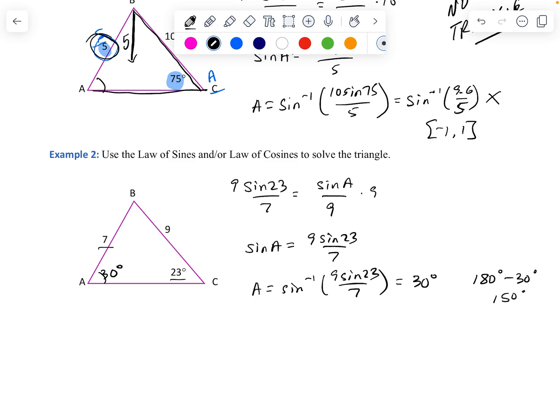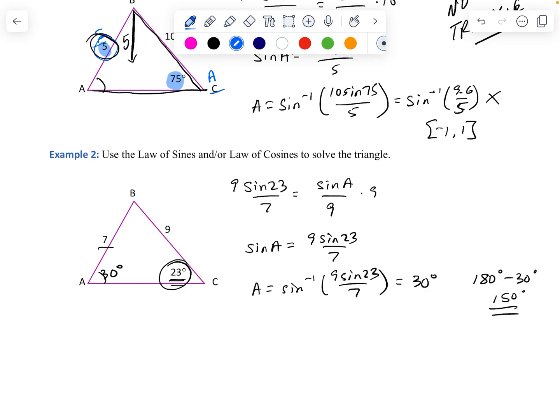Next, you take your 150 degrees with your 23 degrees, the angle they first gave you, and add them together to see if you get a sum that is less than 180 degrees. If you do, then that means a second triangle exists.